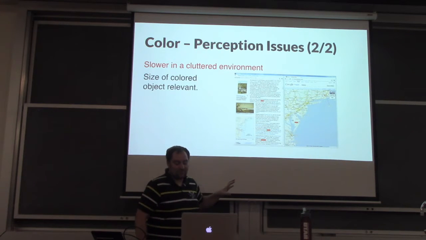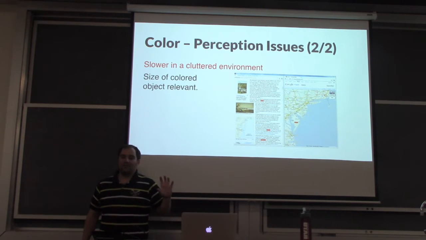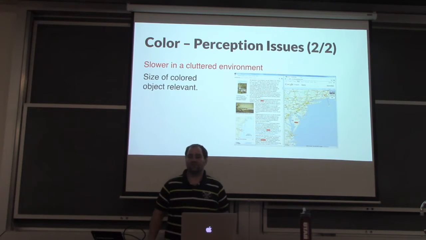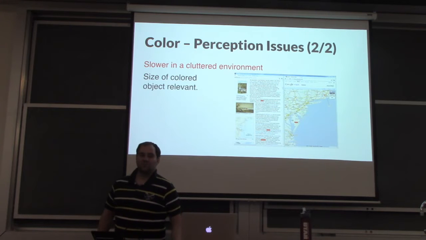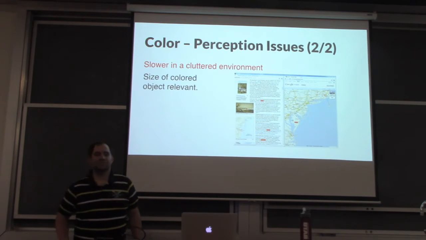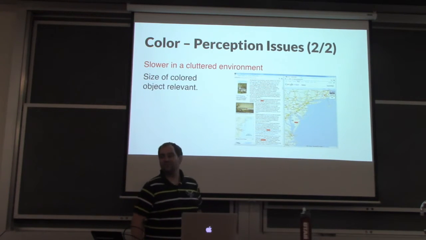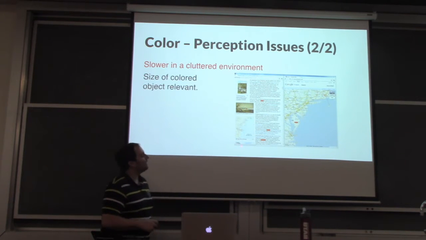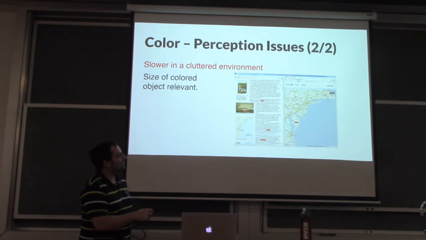How many highlights do you spot? Who sees 3? Who sees 4? Who sees 5? Who sees 6? Okay, so there's actually 6. But this one here is rather small and has little contrast to the background.